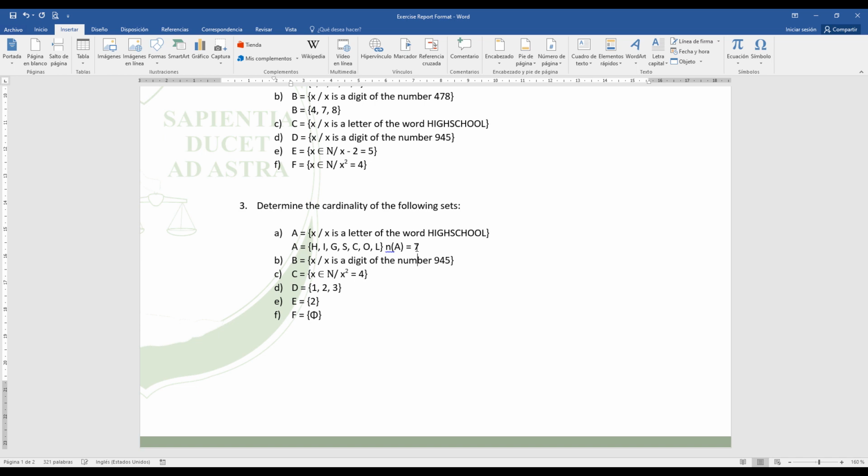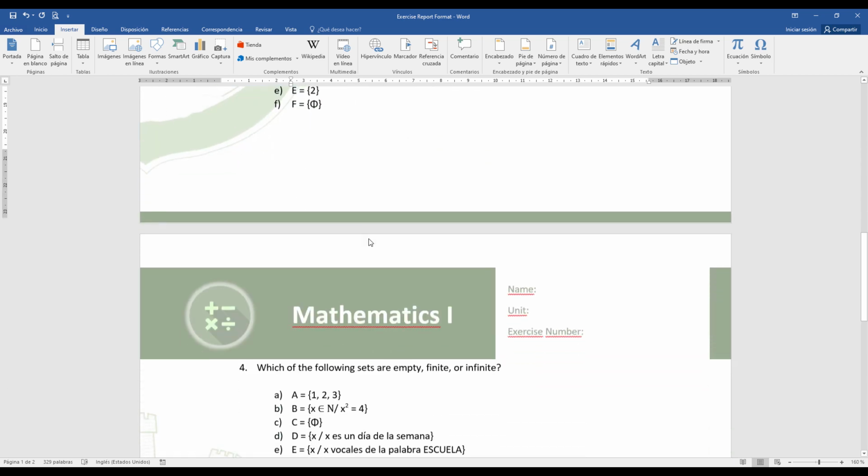This is the cardinality of that. For the next exercise, x is a digit of the number, so what is the cardinality of the set B? It equals 3. So you need to answer the others.